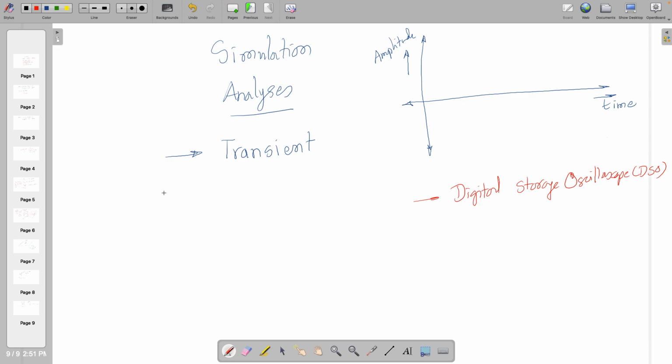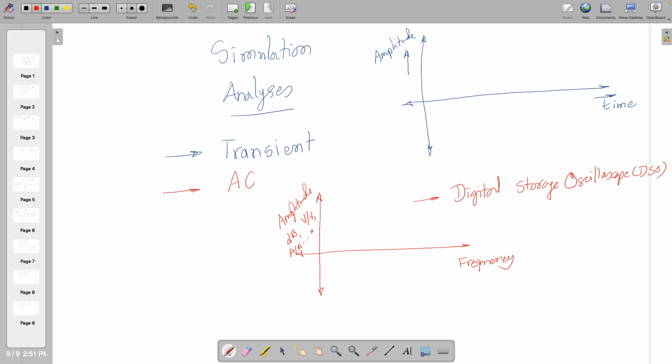The other analysis is known as AC analysis. Note that these two look like synonyms of each other, but that's not true. AC analysis is the one when you are interested in plotting or analyzing something with respect to frequency, and the y-axis might be some amplitude, maybe in decibel, or in volt per volt, or ampere per ampere, or anything.